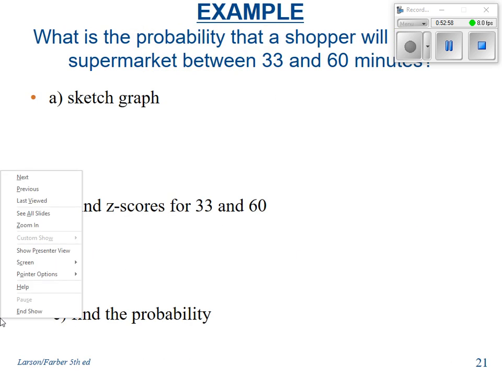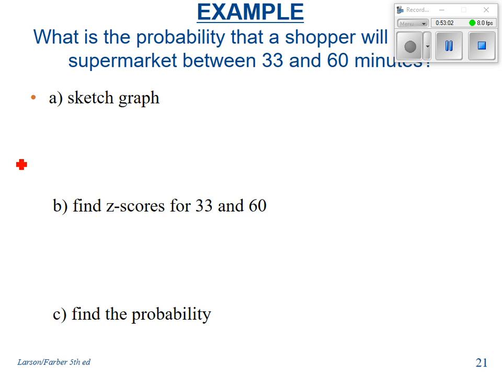Skip over some of this. I'm just going to talk about sketching the graph again. Same problem. Between 33 and 60 minutes. I want to sketch this graph. We got our normal curve there.